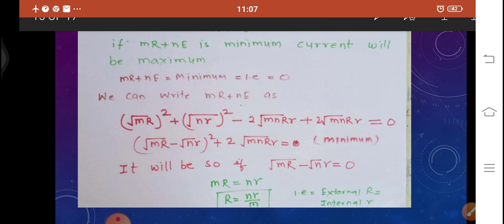So this is our grouping of cells in parallel combination, mixed combination. In yesterday's question also, current or output power dissipation will be maximum when external resistance equals internal resistance.